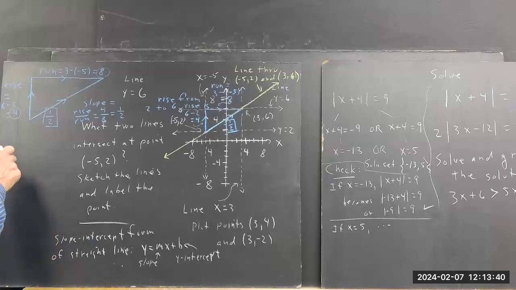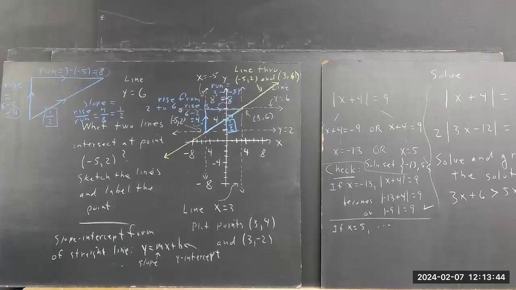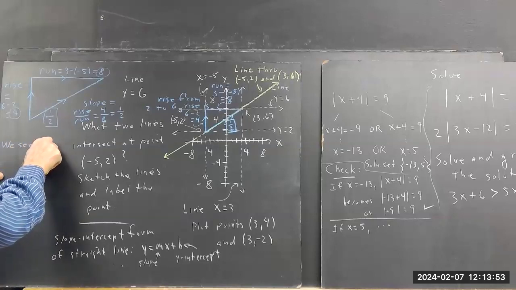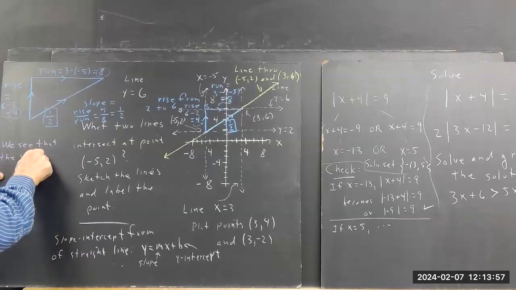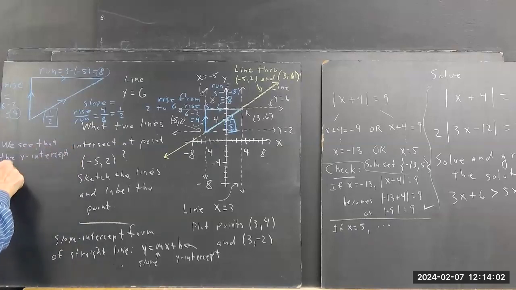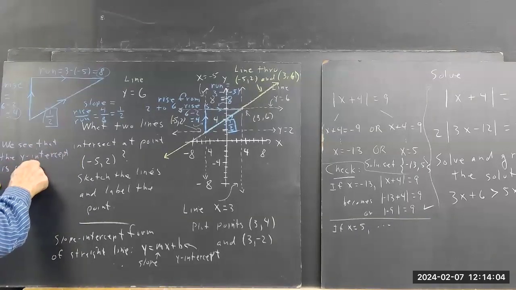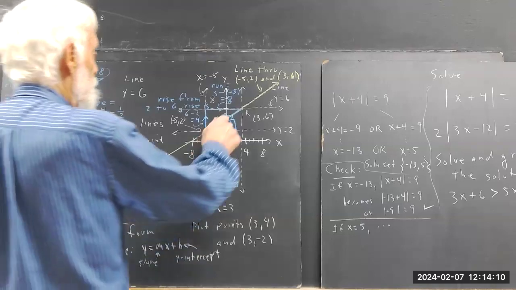Okay, now. We see that the y-intercept is close to 4 because here's the y-intercept.